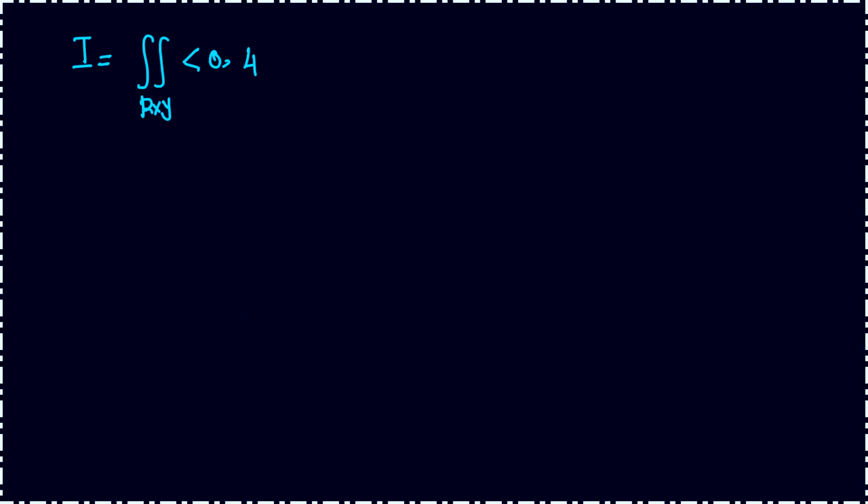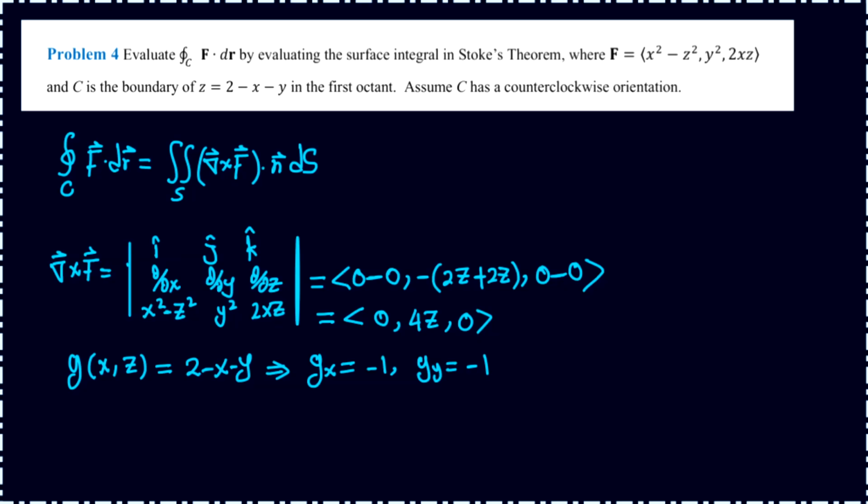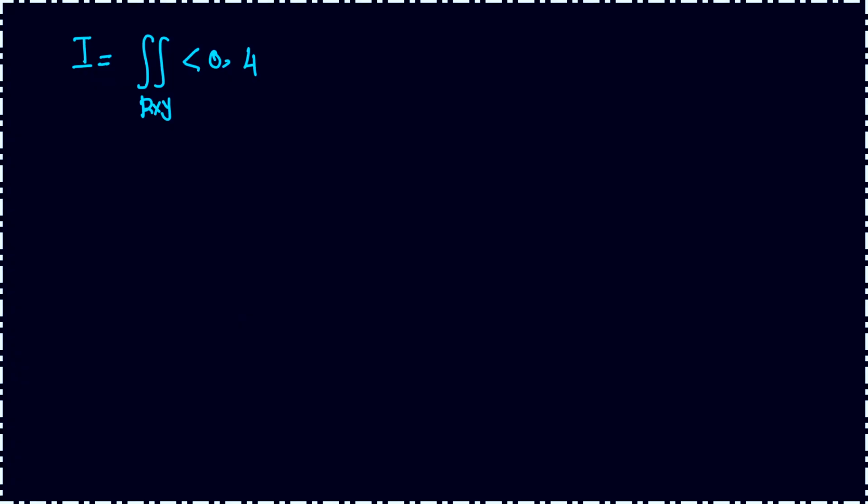Now, for z, we're going to plug in the equation of the surface. Okay, so let me write the surface in pink. So 2 minus x minus y is going to get replaced into the z of the curl. Okay, so 4 times 2 minus x minus y.